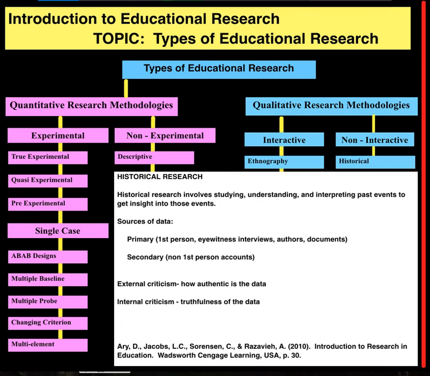Historical research doesn't have internal or external validity. It has external criticism and internal criticism. External criticism means how authentic is the data that I have? Suppose I'm looking at documents. How authentic are these, are they the real documents? Whereas internal criticism is, well, these documents may be real, but what they say, is that true or not? Well, that is historical research.